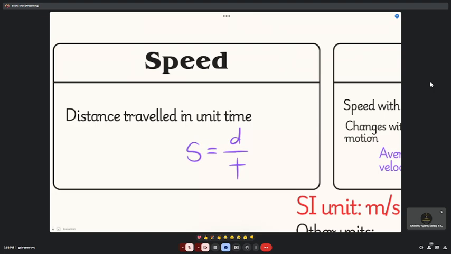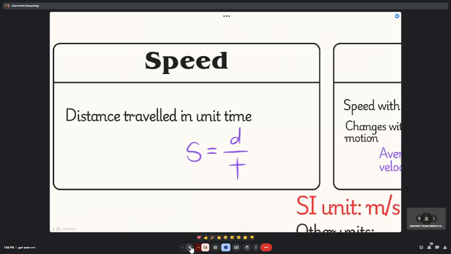Okay, tell me something. The speedometer of your car displays speed or velocity? Speed, ma'am. And why not velocity? Because no direction is shown in that speedometer, ma'am. Of course, because there is no direction you can feed in your vehicles.